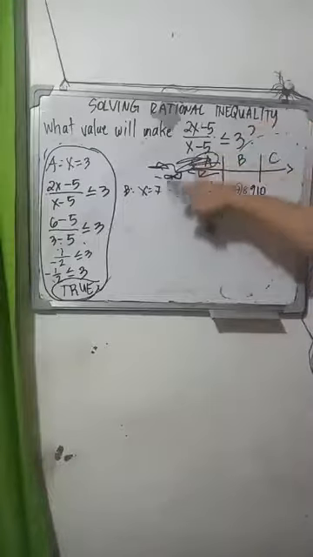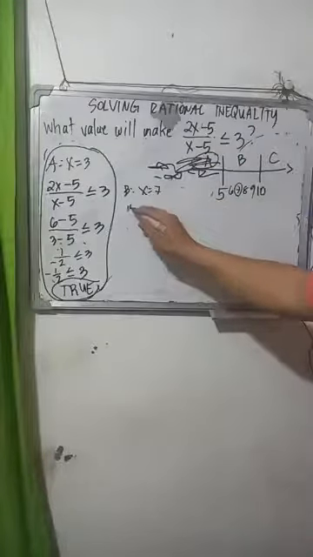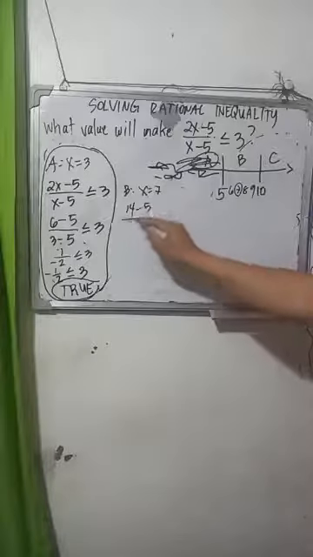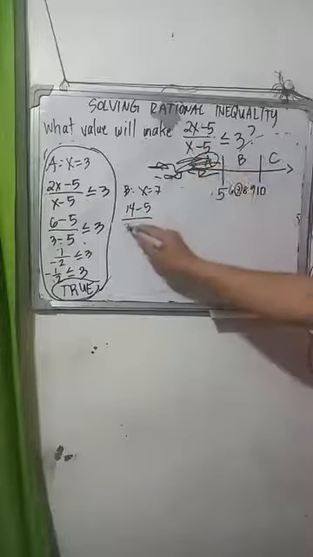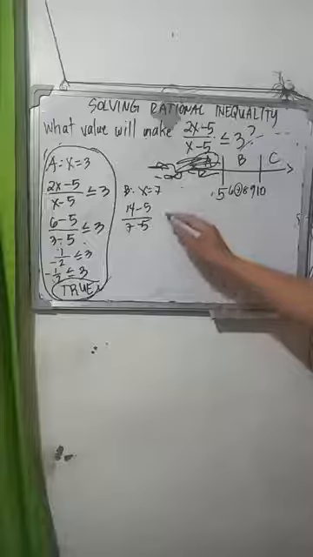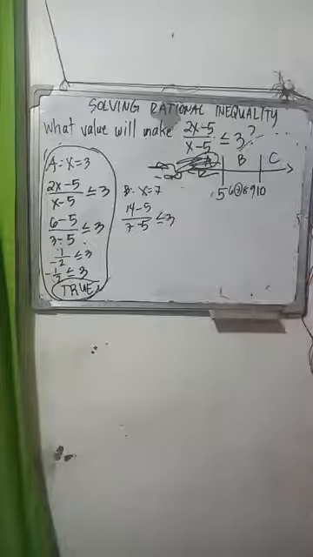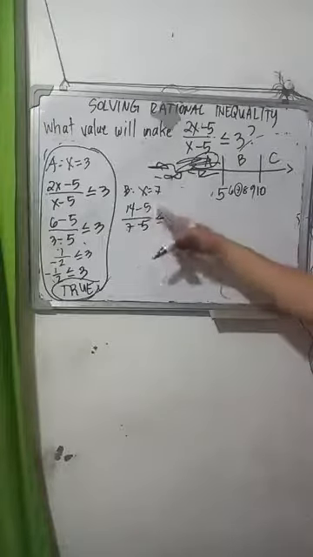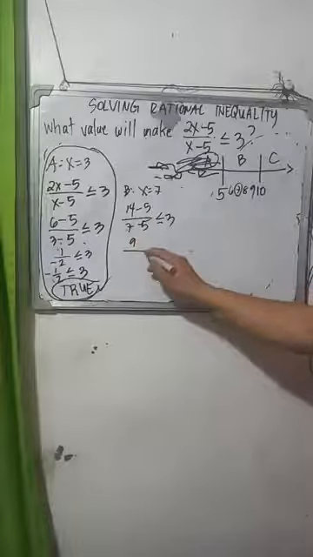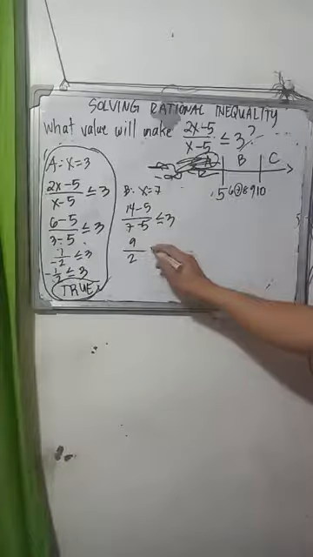So 2 times 7, that is 14, minus 5, over 7 minus 5, less than or equal to 3. So this one, 14 minus 5, that is 9 over 2, less than or equal to 3.